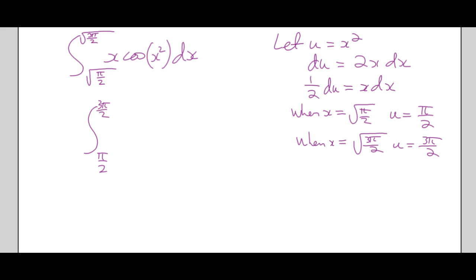3 pi over 2. The x dx is my du, and we've got cosine of u. So it's cos of u du. All right, what's the integral of cos u? Sine u. Oh, wait, the half, right? Sorry.